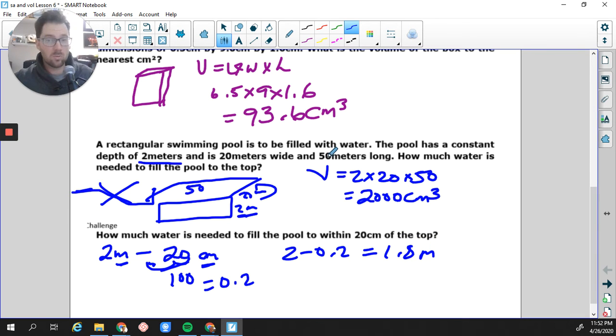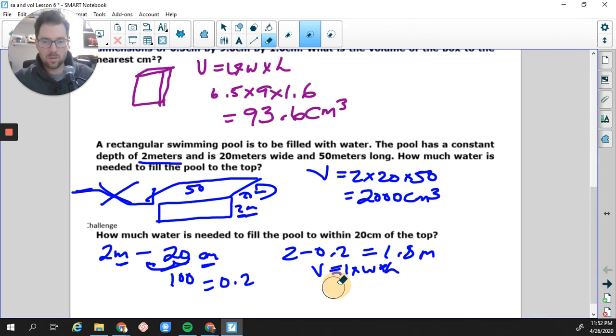So now we can just redo our same calculation as before. Volume equals length times width times height. Let's make a little bit more space here. Okay, so we had 20 times 50.